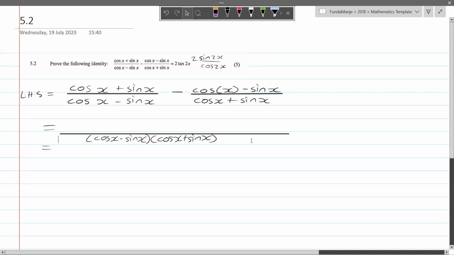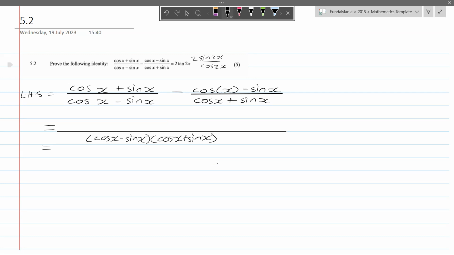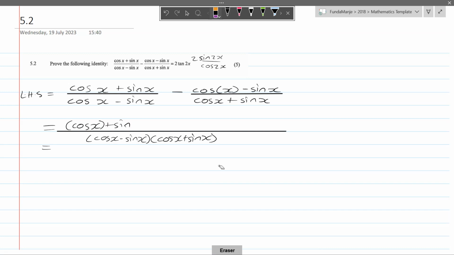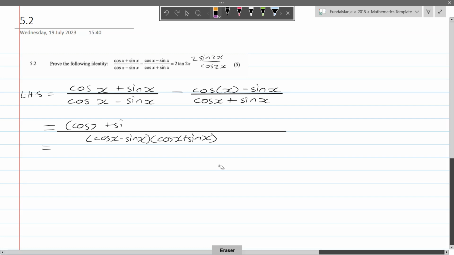Okay, so on the top part we're gonna multiply what we don't currently have. So what we have is cos x minus sine x. That means we're gonna multiply the top by cos x plus sine x, and there already is a cos x plus sine x.